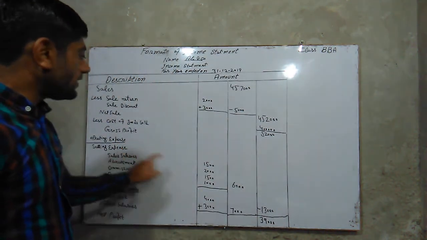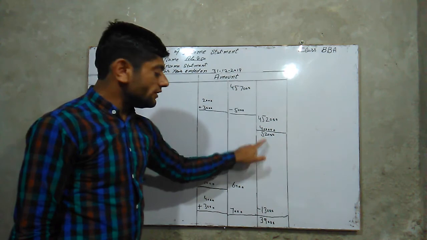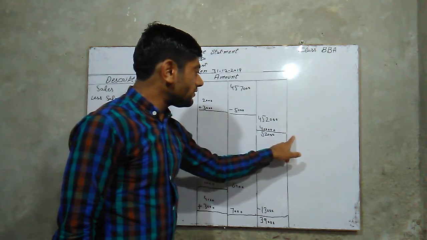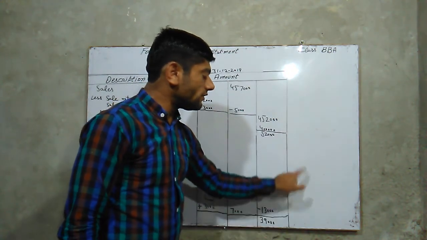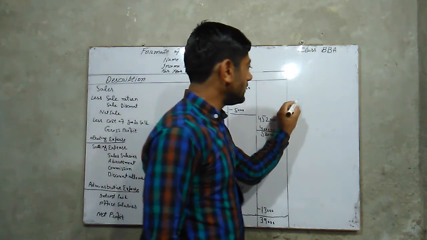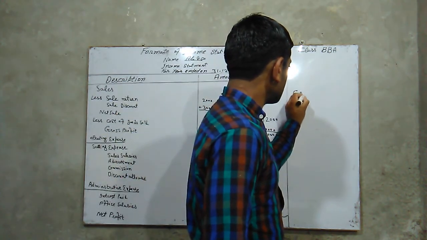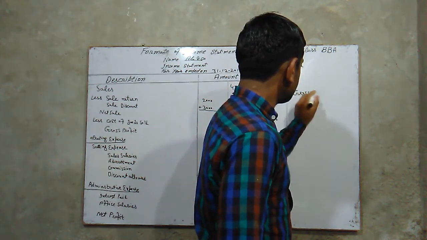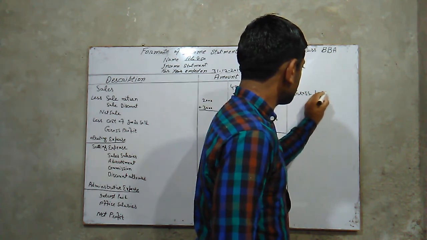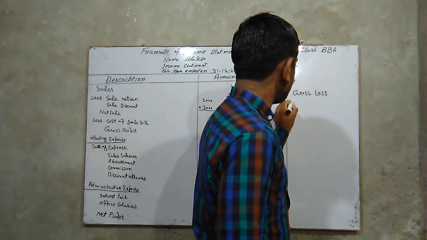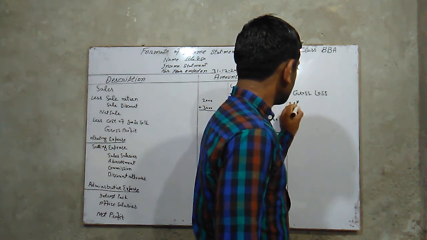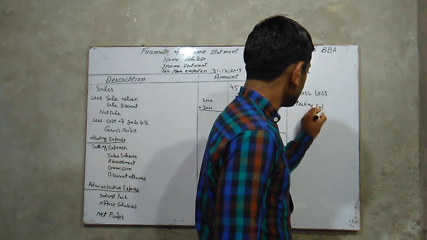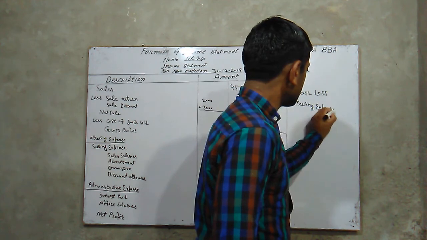If the operating expense is greater than gross profit, then it is a net loss. If there is a gross loss, then operating expense is added to the gross loss. So I mention here gross loss, then operating expense.